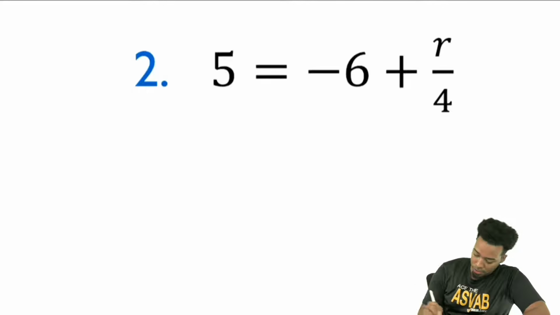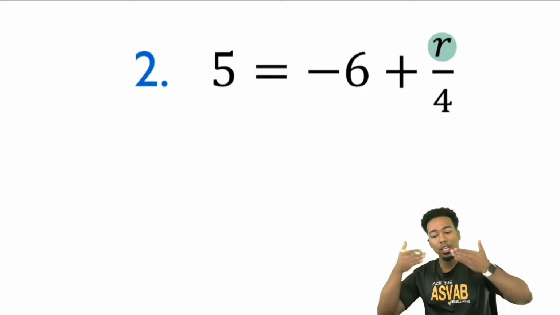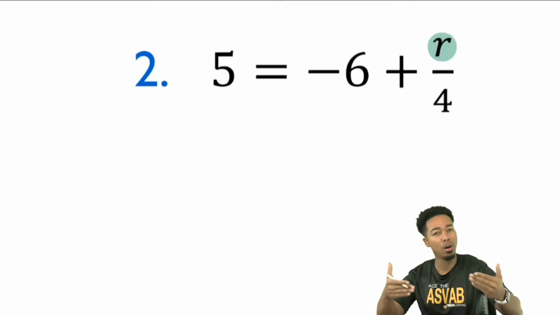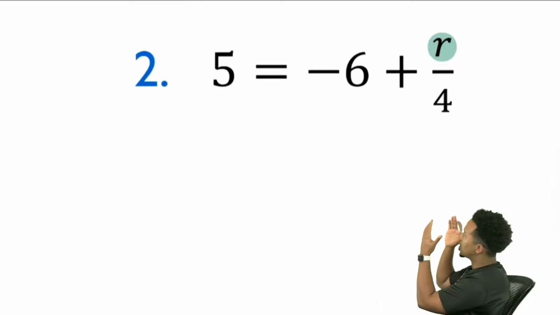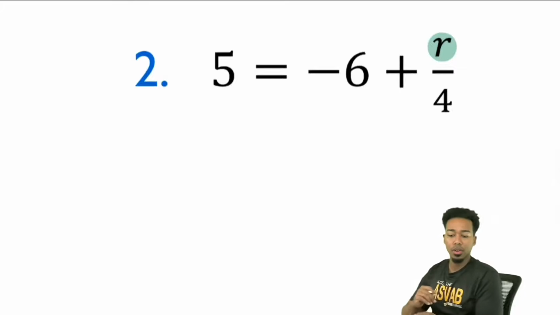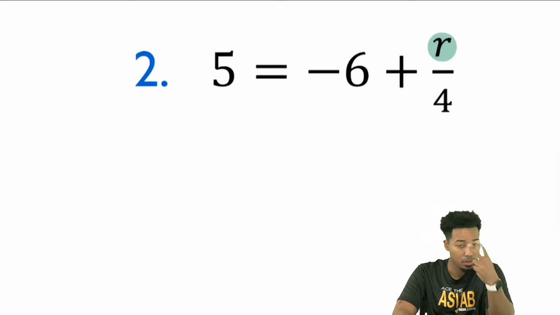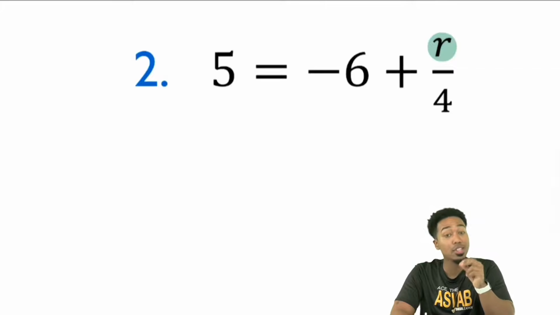Everyone, we're looking for the variable r. Question, everybody. What's the first thing currently happening with the r? Is it the -6 that's sitting there, or is it the division of 4? What is happening first to the r that we would observe? Right, the first thing that's happening to it, it's being divided by 4.